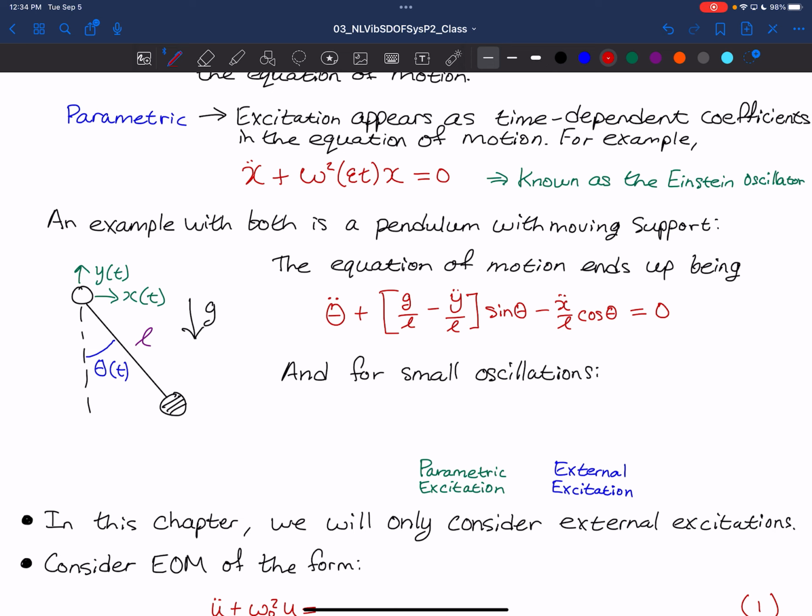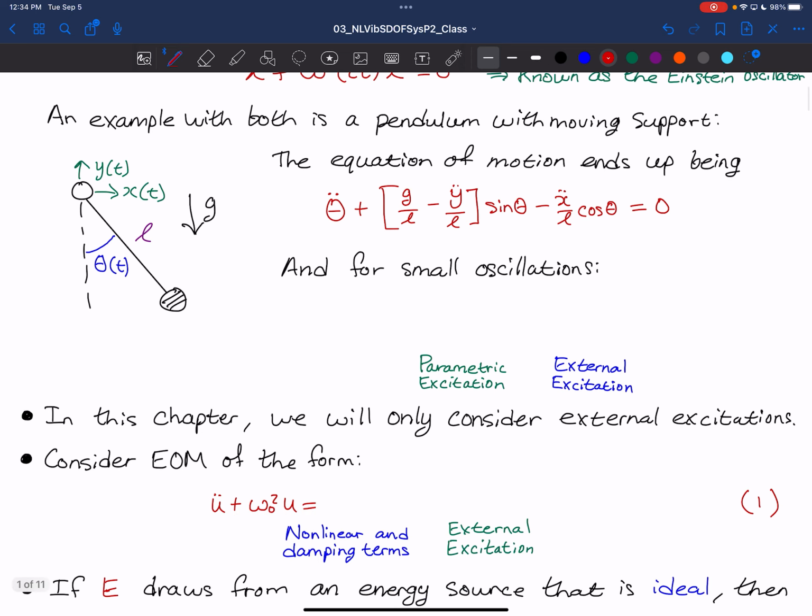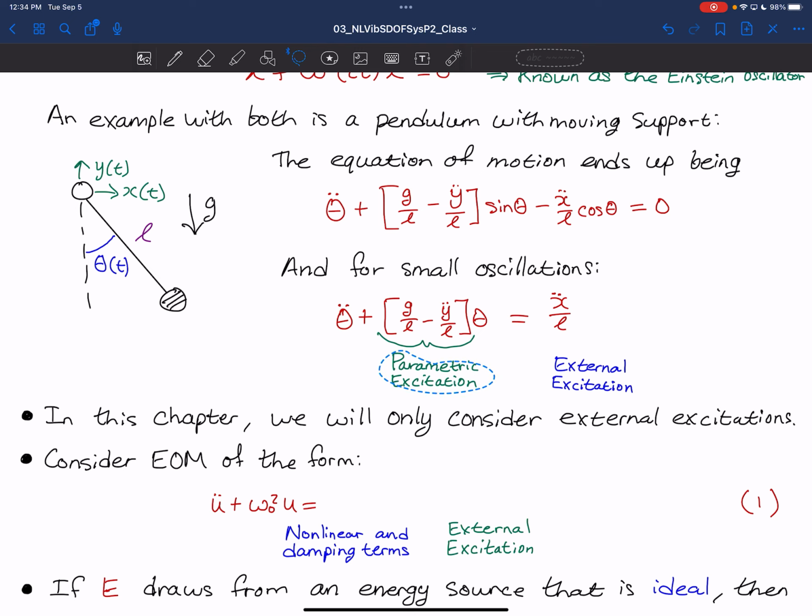If we linearize this for small oscillations, we get theta double dot plus the quantity g over L minus y double dot over L, this quantity times theta, is then equal to x double dot over L. Here, the quantity in the square brackets is our parametric excitation, and the quantity on the right-hand side of the equals is the external excitation.